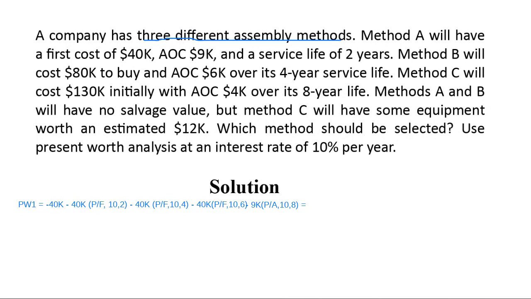The second method will have only 2 cycles because the LCM is 8. 8 divided by 4 is 2. So we will repeat the values only for 2 cycles. First, we have the first cost, which is 80,000. Then the 80,000 will be repeated, as we did for the first step, P given F for 10% for how many years?